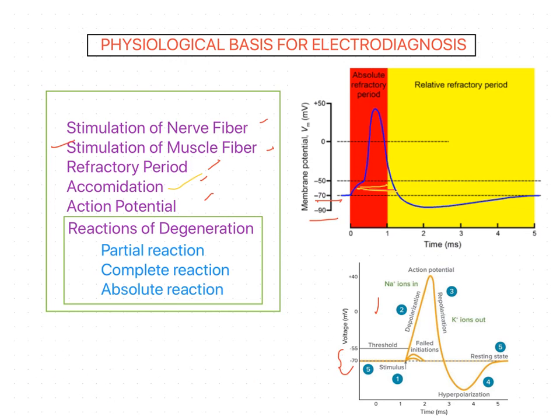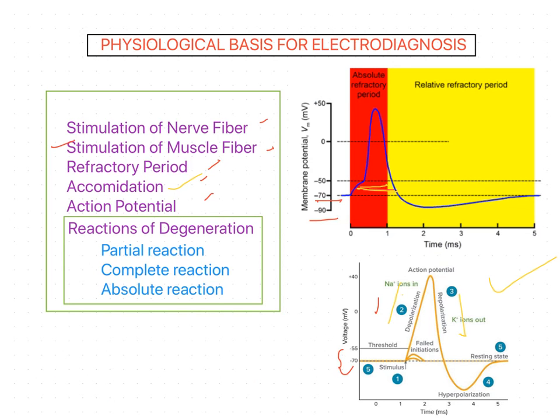Now the next one we can see is the action potential. An action potential is the basic unit of nerve communication and is achieved by rapid sequential depolarization and repolarization in response to a stimulus.